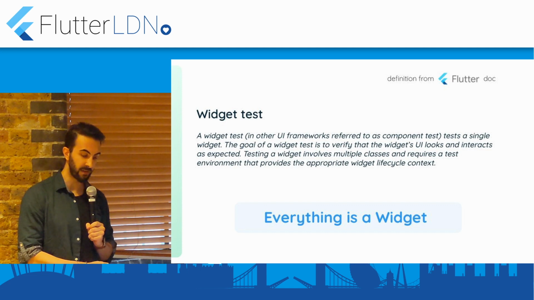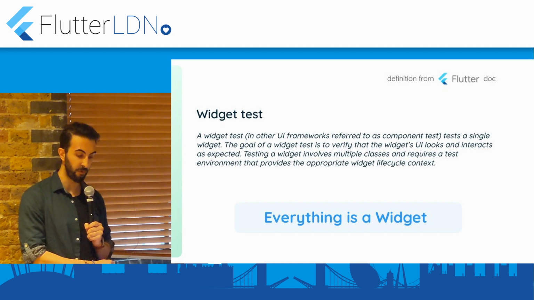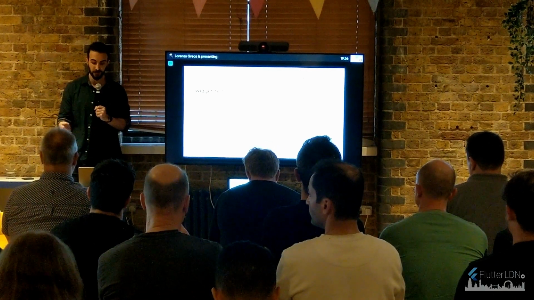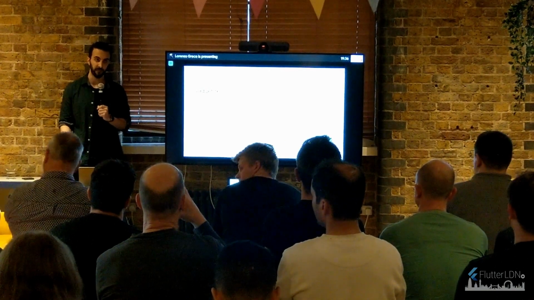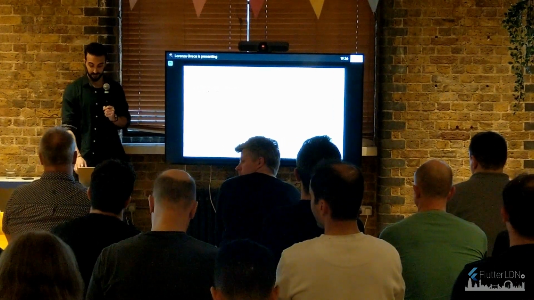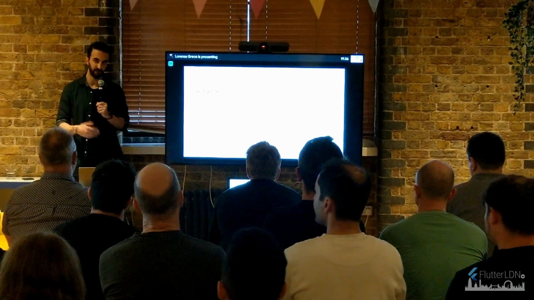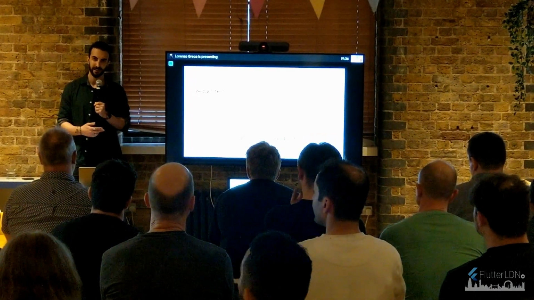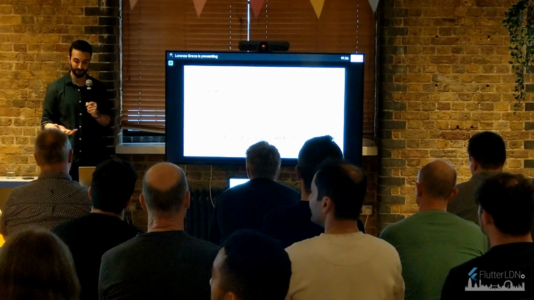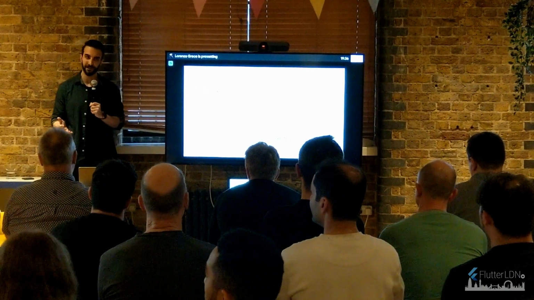The goal of a widget test is to verify that the widget's UI looks and interacts as expected. Testing a widget involves multiple classes and requires a test environment that provides the appropriate widget lifecycle context. Long story short, for me, a widget test tests a single widget, and it requires a test environment, right?